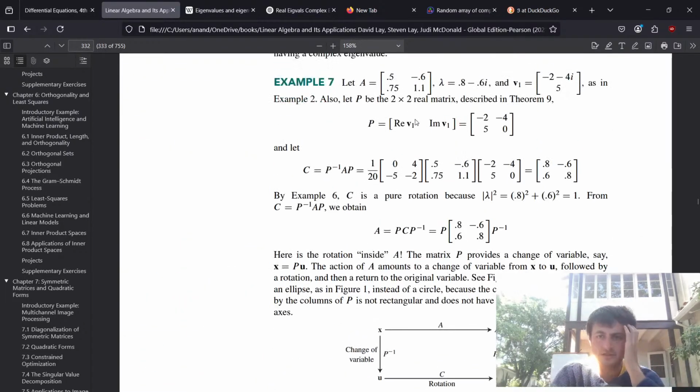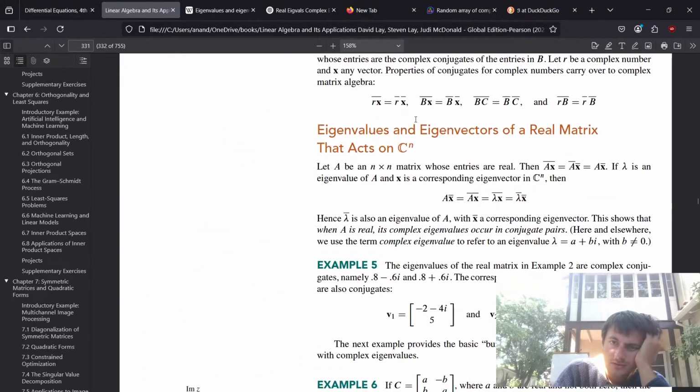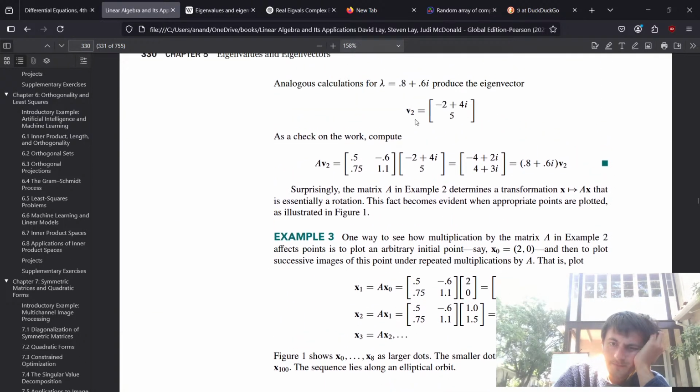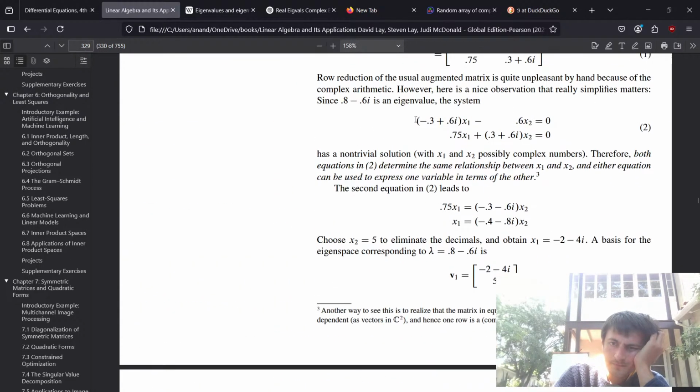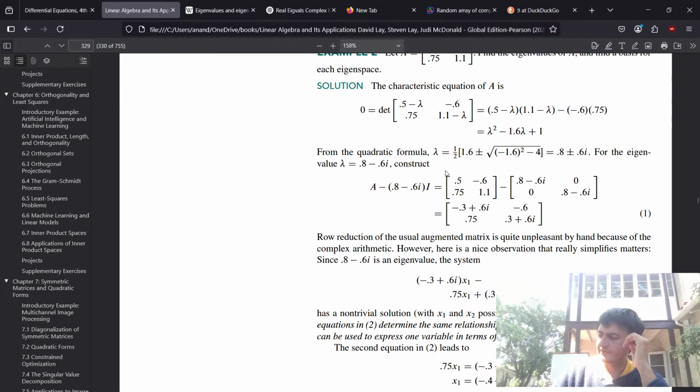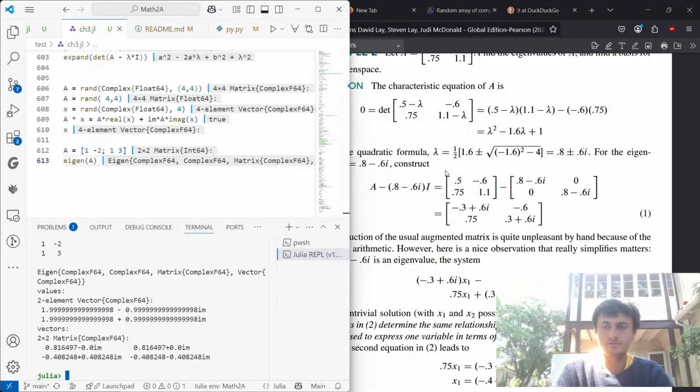Hold on. How did they do it? Oh yeah, I know. We have to use the quadratic formula, right? So we get minus b, so it's 4 plus or minus square root. All right. So the characteristic polynomial.